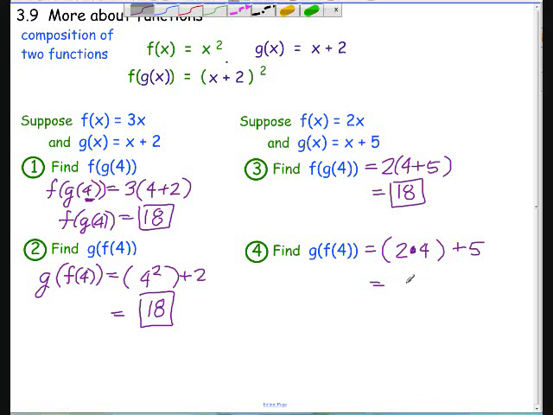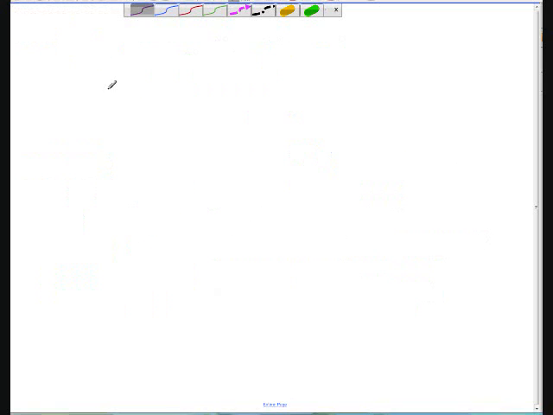So what's this going to be? Oh, finally, I'm actually demonstrating they don't always equal 18. 8 plus 5, 13. No, they don't always equal 18, and they don't always equal each other. When you do the reverse, it doesn't always come out the same, so thank goodness I put that one in there.